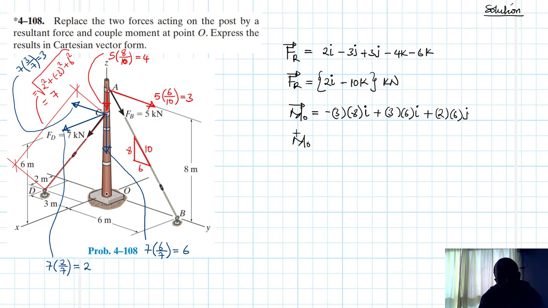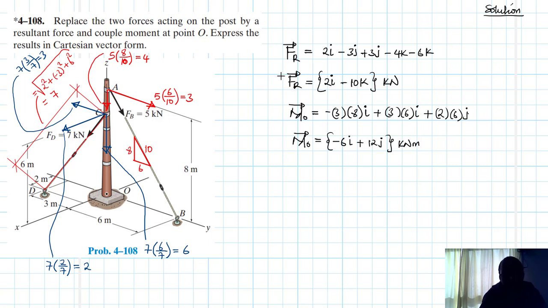So moment about point O is just equal to, let's calculate this. Minus 3 by 8 plus 3 by 6. So this gives us a minus 6i and then plus 12j, kilonewton meters.